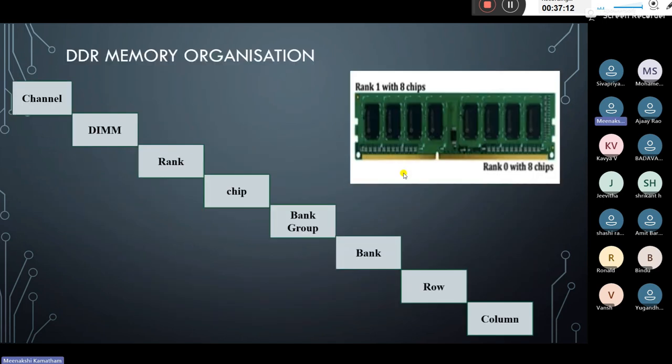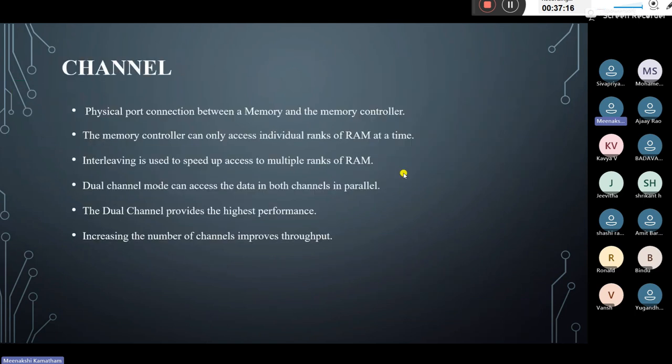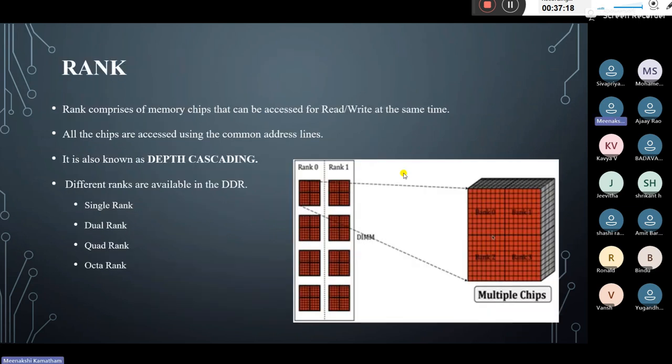We are going internally one by one: block, channel, DIMM, SIM, rank. If you have any doubts, please let me know. And coming to the ranks, this type of memory organization occurs in DRAM. All these are the memory arrays: rank 0, rank 0, rank 1. As I mentioned, DIMM rank 0 and DIMM rank 1.